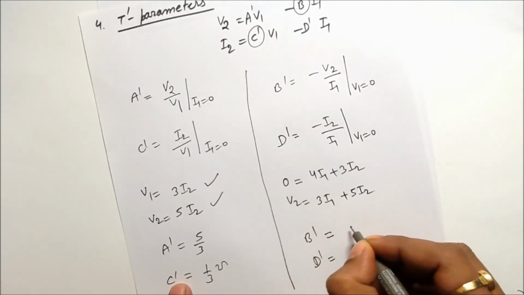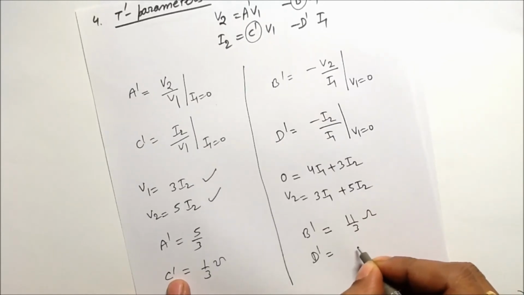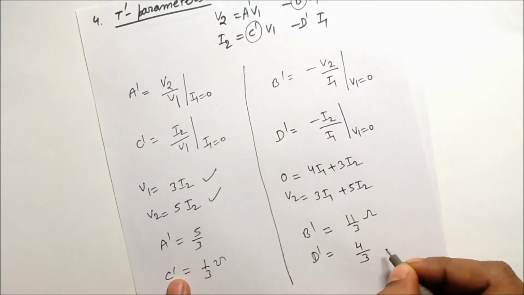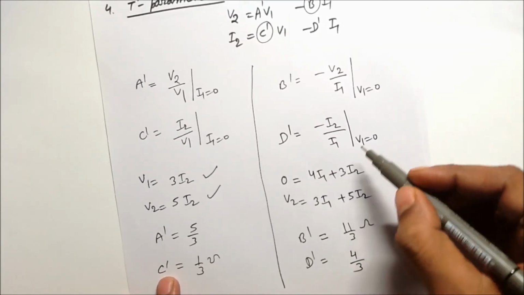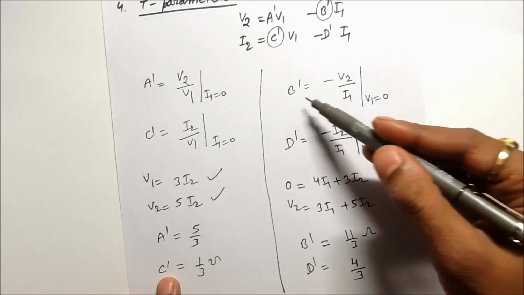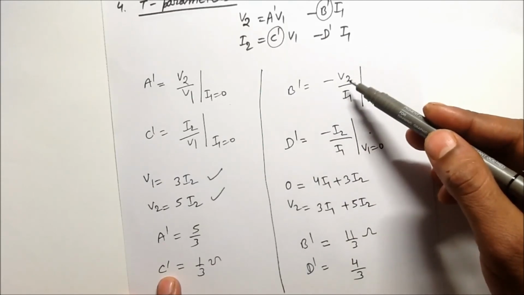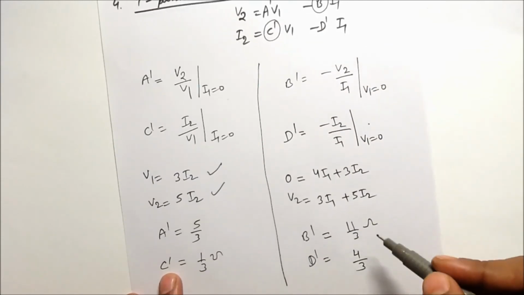The value of B dash will be 11 upon 3 and the value of D dash will be 4 upon 3. You can see that D dash will be unitless because this is the ratio of currents, and B dash will have the unit of ohm because it is the ratio of voltage and current.